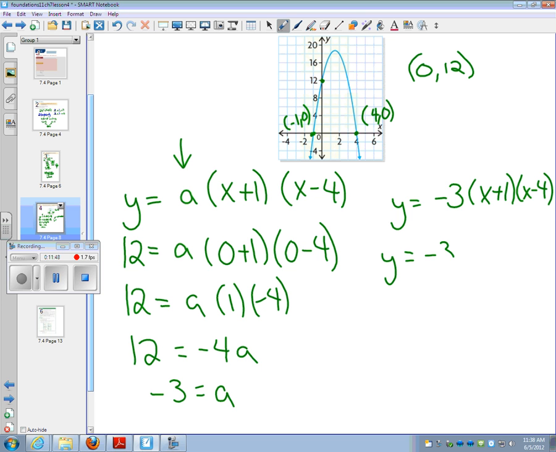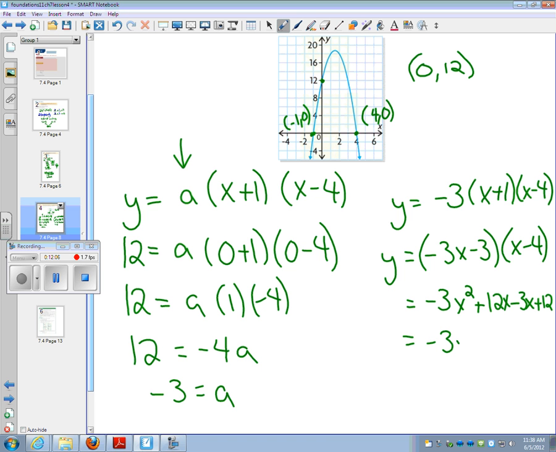So this would be (-3x minus 3) times (x minus 4). Now I'm foiling: -3x squared plus 12x minus 3x plus 12. So I should get -3x squared plus 9x plus 12. Now I have that in standard form.